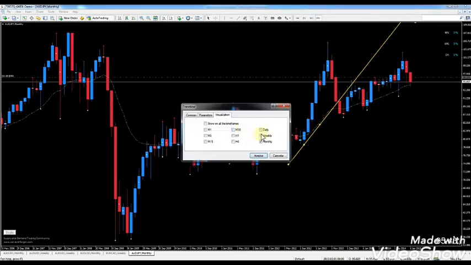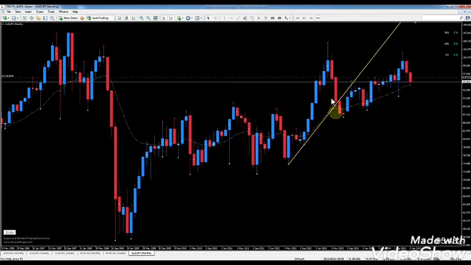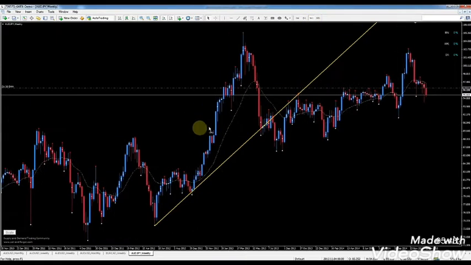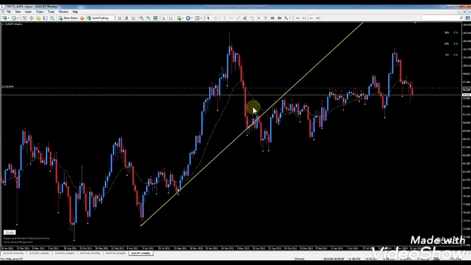If I change this to visualize on lower time frames, this is the monthly trend. So at this moment in time, price was in an uptrend on the monthly. But when we look at the weekly time frame, we see that that trend is broken.